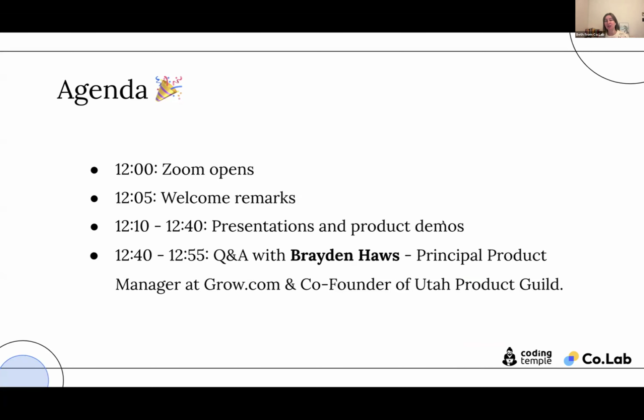So those presentations will look a little different. You'll get a sense of what folks have built in both of those programs. And then we will be finishing off with a Q&A with Braden Hawes, who is the Principal Product Manager at Grow.com, as well as the co-founder of Utah Product Guild. So that'll be really exciting as well.